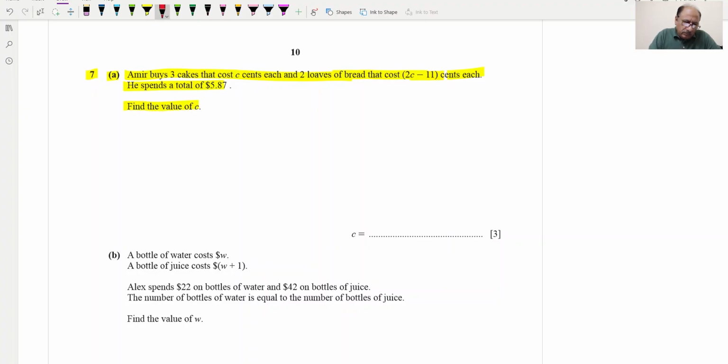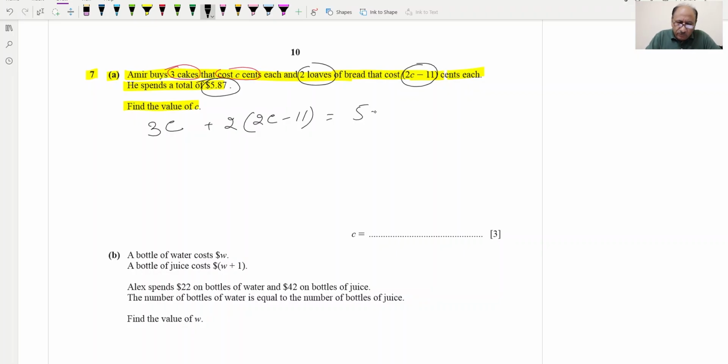So we can see 3 cakes cost C cents each, so we can form the equation 3C plus 2 loaves of bread, where 2C minus 11 is the cost for each one, and this is equal to $5.87.